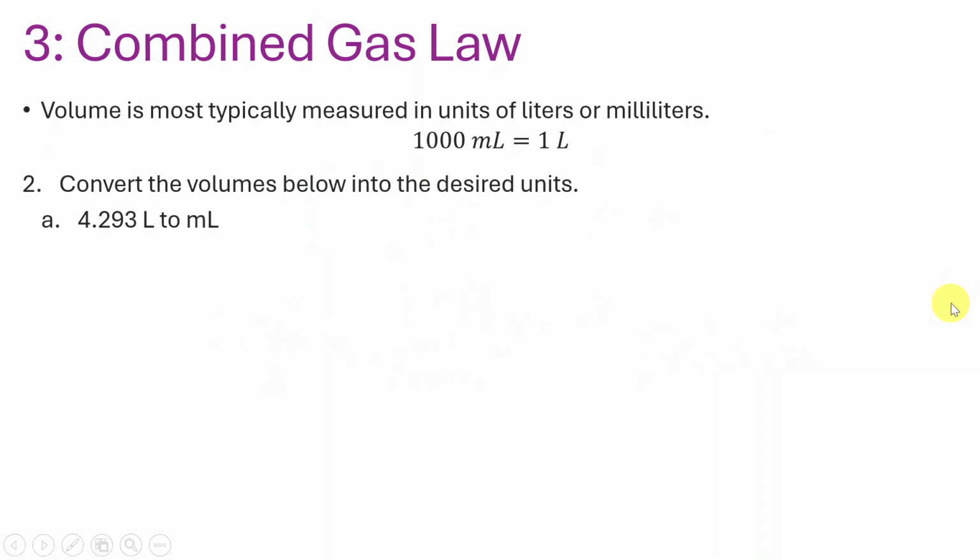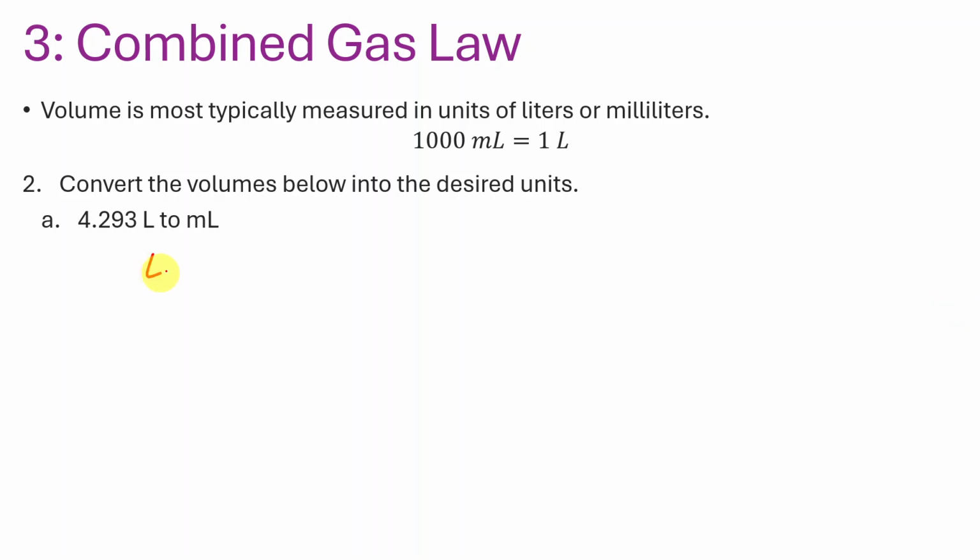Now, volume for gases is typically measured in liters or in milliliters. In most gas law problems, you want to actually solve using liters. So it's going to be useful to be able to convert between these different units.